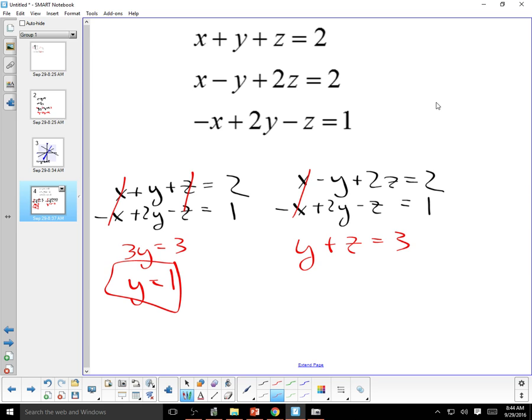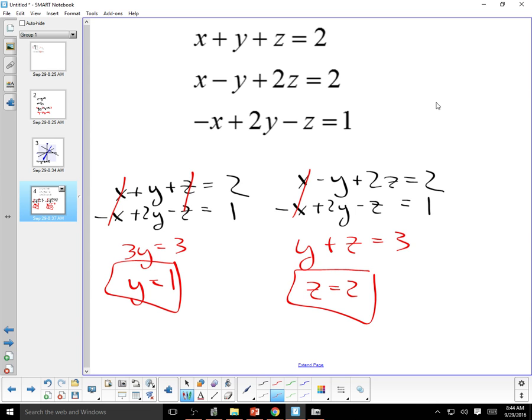Not so bad. I already know that y is 1, right? Which means z is how much? 2. So z is equal to 2.